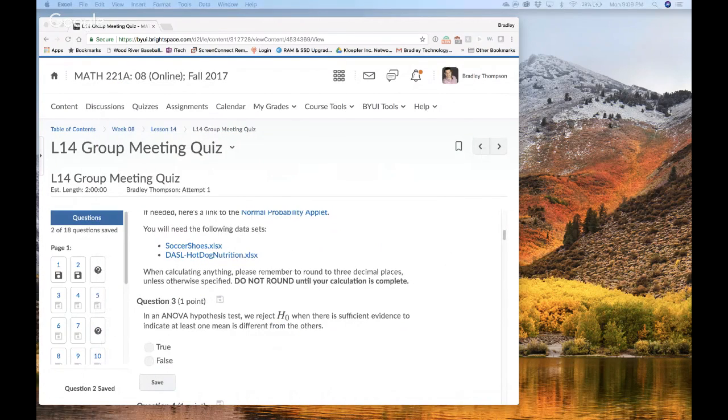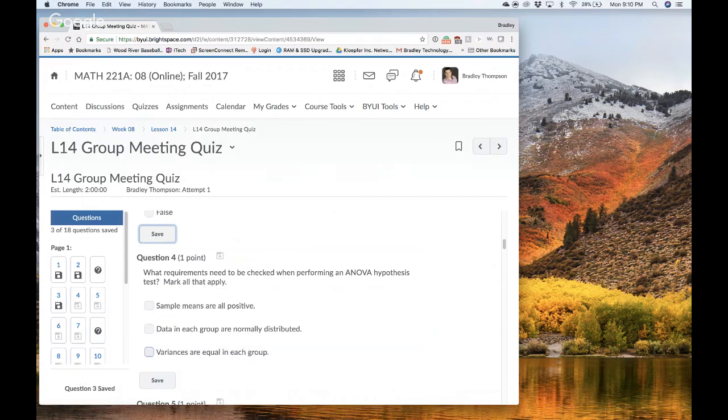In an ANOVA hypothesis test, we reject the null hypothesis when there is sufficient evidence to indicate at least one mean is different from the others. And that is true. Number 4 is the last two, bottom one, the second and third.